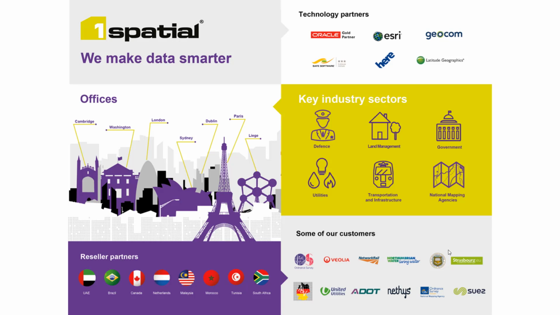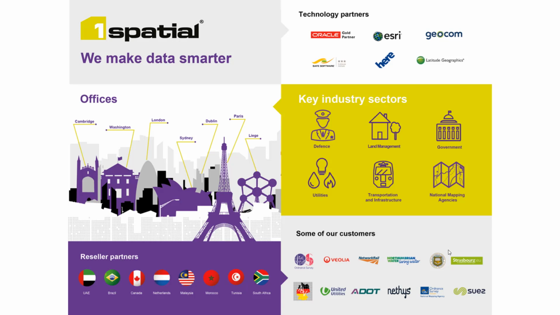So a few different locations, lots of professional staff and consultants who work with lots of different vertical markets and industry sectors, including some of the ones that are listed on this slide here. So we've got a particular specialism around government agencies, both local and central, engineering firms and transport and infrastructure organisations, and then areas of land management and national mapping agencies are a big part of what we do.